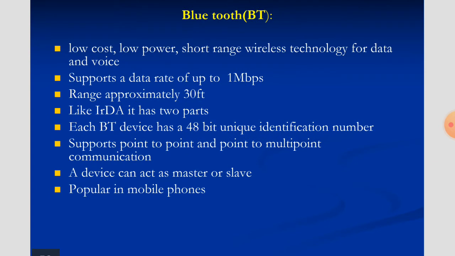And Bluetooth, you already know, most laptops and mobiles have this facility. Bluetooth is low power and short range. The range is approximately 30 feet and it supports data rates up to 1 Mbps. Within that speed you can transfer data between two devices. Mainly it is a wireless technology for data and voice.